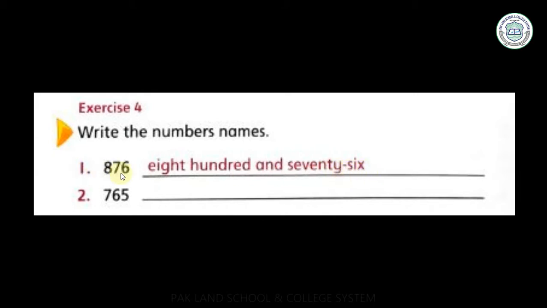So we write the standard form in word form. The next example is 765: 7 seven, 100 hundred, and 60 sixty, 5 five.